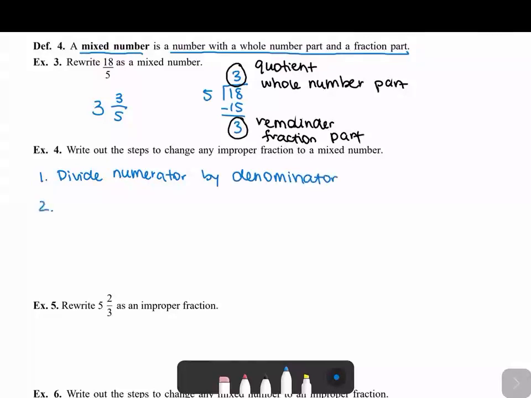The second thing is to identify what the quotient tells you. So the quotient gives the number of whole groups. And this is the whole number part.